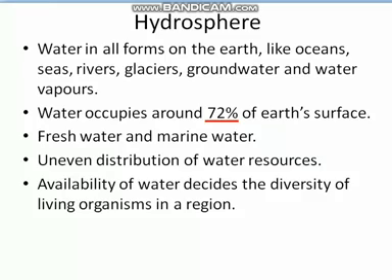Almost 97% of this total water is marine, that's salty water. Only 3% is fresh water. And this water is not evenly distributed. There are some regions where water is very abundant, while there are other areas where there is water scarcity. And the availability of water largely decides the type of life in that particular region.